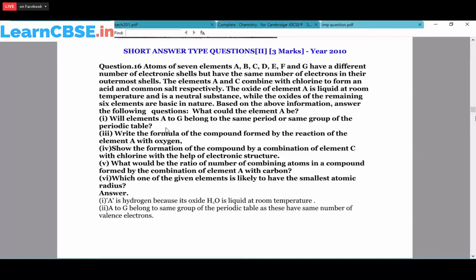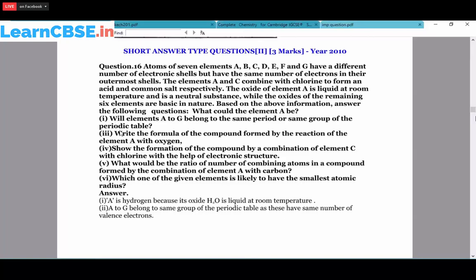Next question. Will elements A to G belong to the same period or the same group of the periodic table? We already have the same number of electrons in the outermost shell. It means that it's a group. So it belongs to the same group of the periodic table, having the same number of valence electrons.